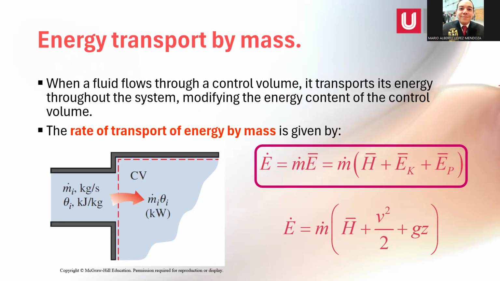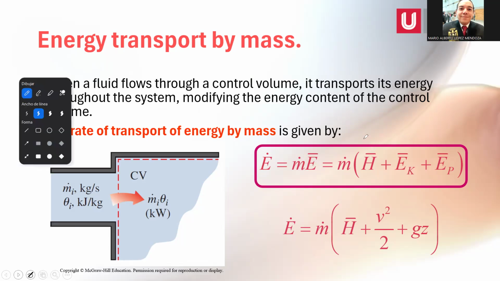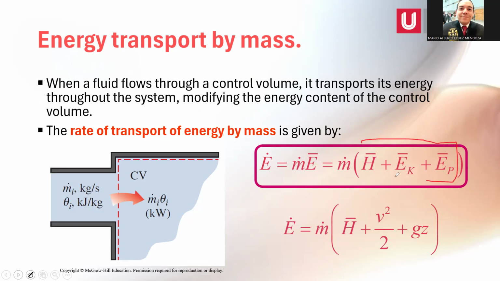Remember from the last equation in the previous slide, we defined these three terms in the parentheses as the specific energy of the fluid flowing through the control volume. So when we do the product with the mass flow rate, we obtain this rate of transportation of energy by mass.